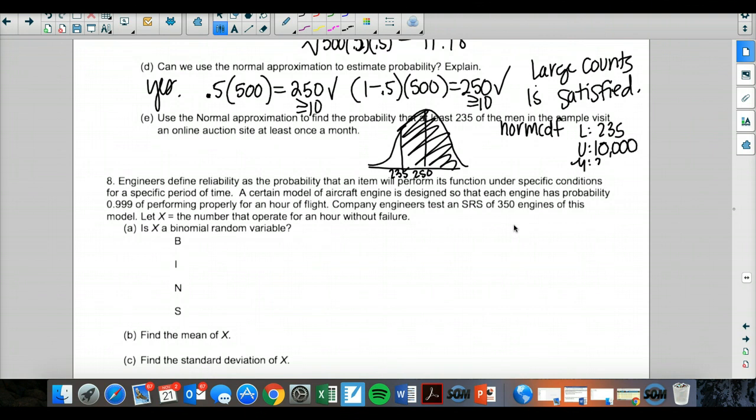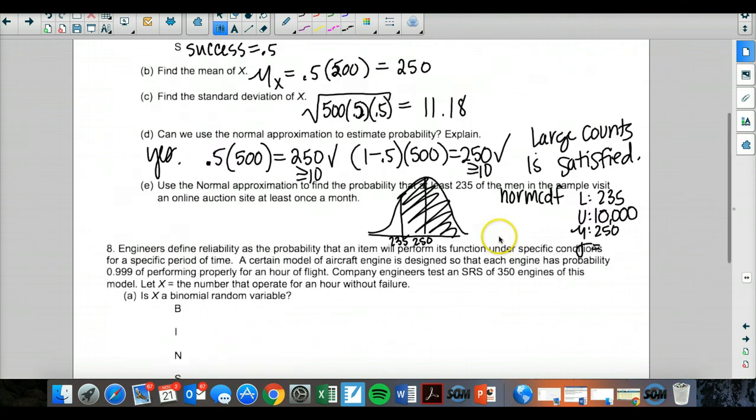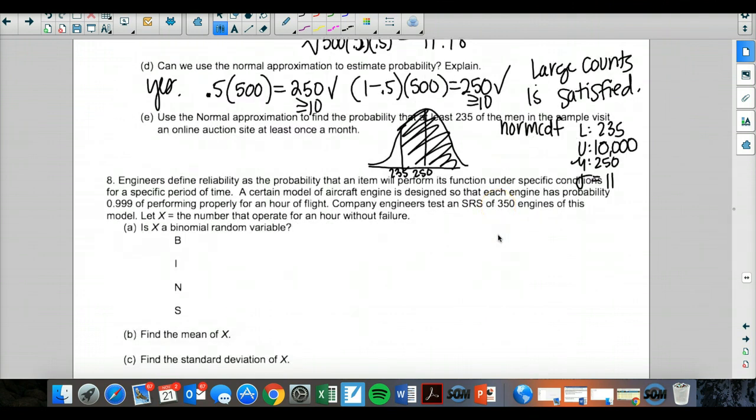My mu is 250, and my sigma is the standard deviation, which is 11.18. Second vars, norm CDF, 235, 10,000, 250, and 11.18. So 0.9102 is what I expect.